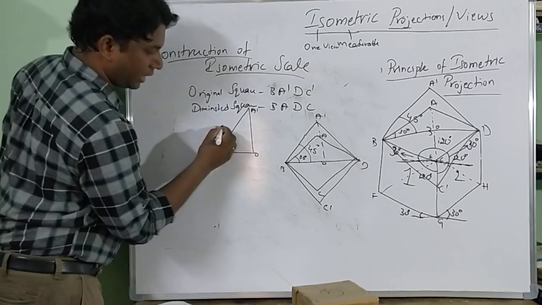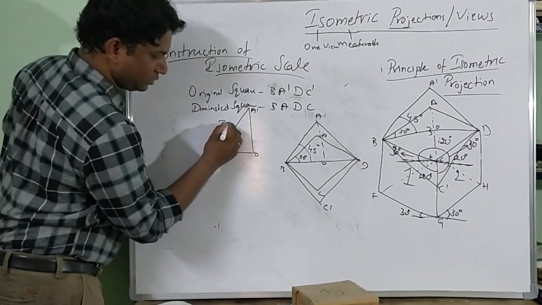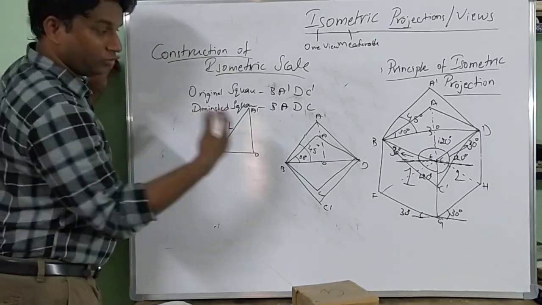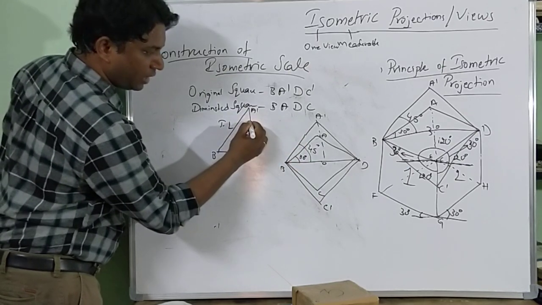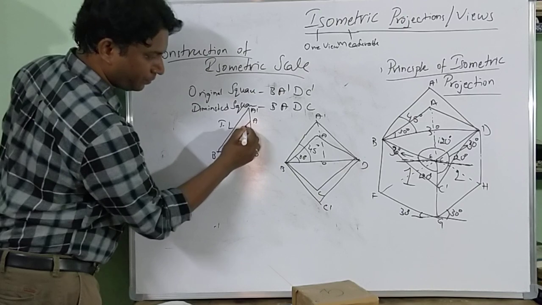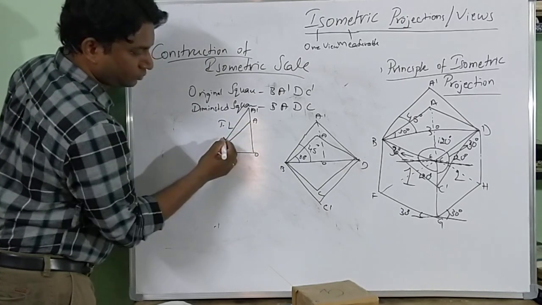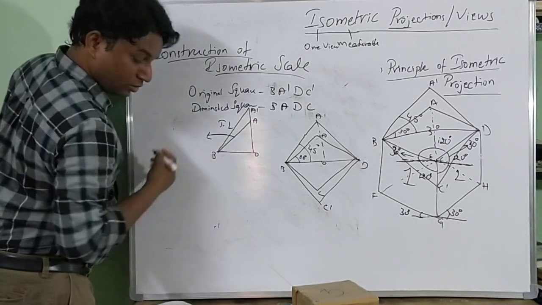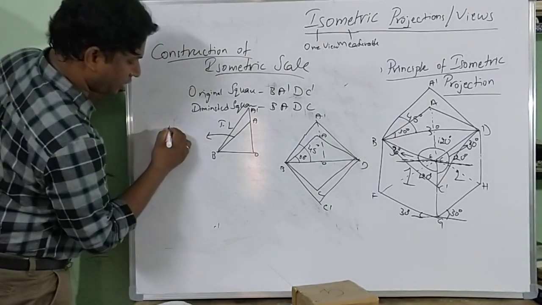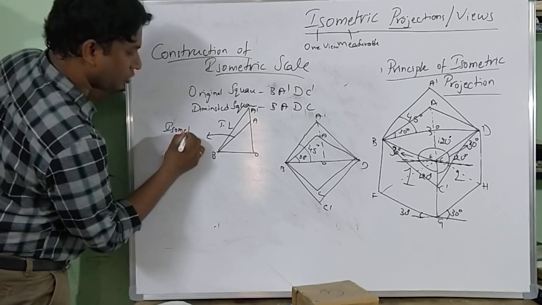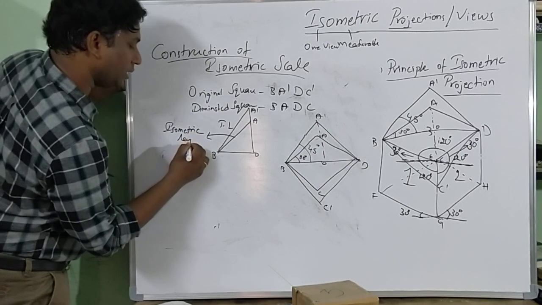Here the original triangle, this is the true length. After changing, the same O is the same. On the same A dash we have got one more point, A. Now what is this? The diminished length, or reduced length, which is now called the isometric length.